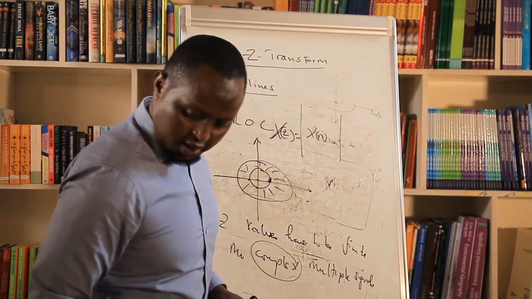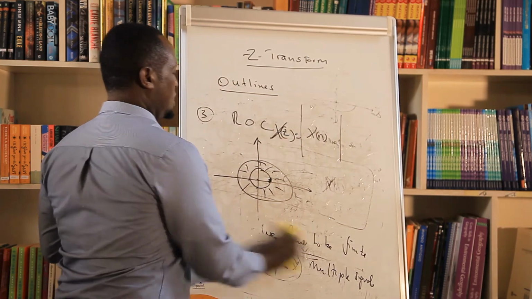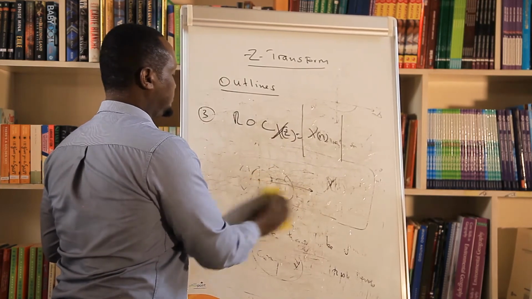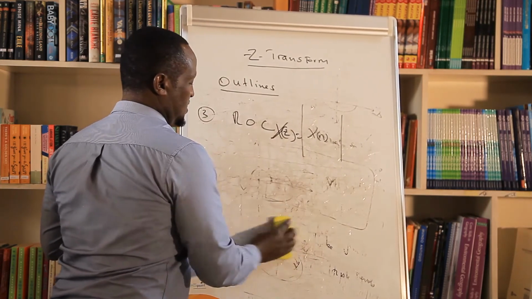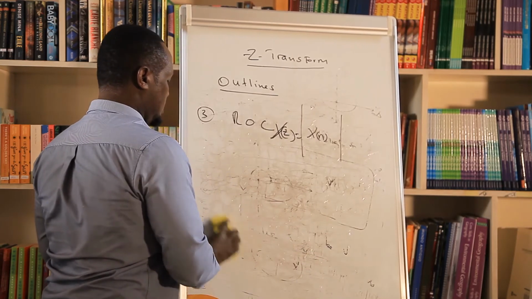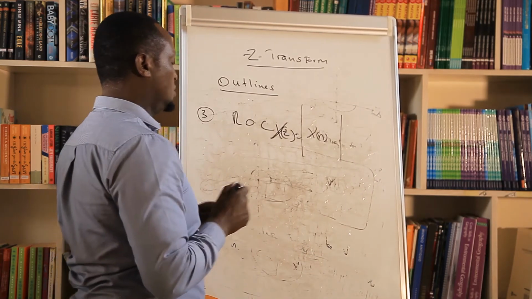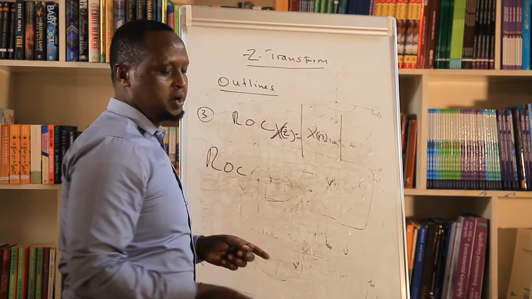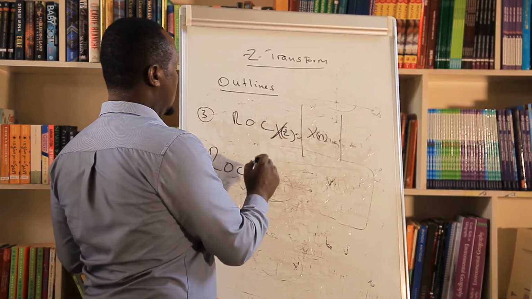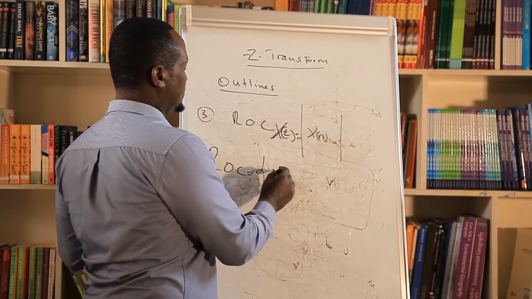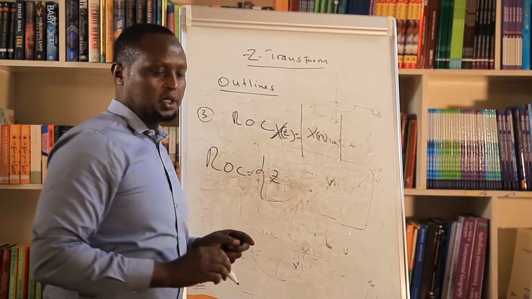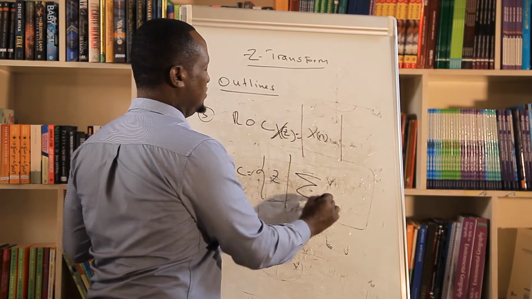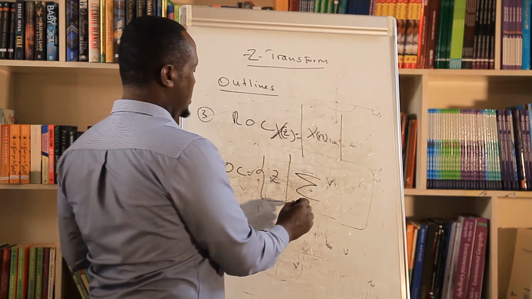For example, the equation we are going to use here is a general or generic equation. For the region of convergence, having any boundary, as I told you, it can be, for example, the Z transform of x of n, which is the summation over n.